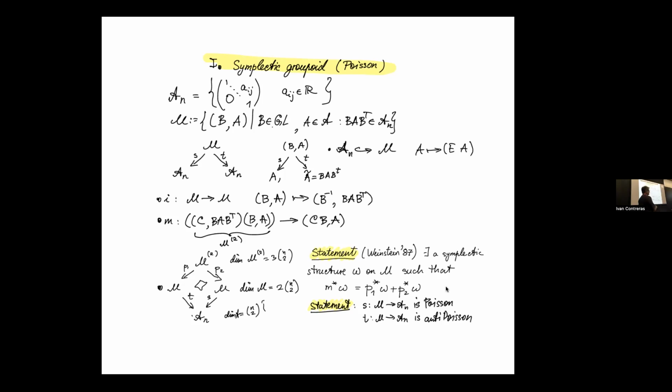And this condition is sort of defining. So such a symplectic structure is almost unique. It was resolved by Weinstein. And then it's easy to check that both the source and target maps provide a Poisson and anti-Poisson structure on the space of unipotent upper triangular matrices.